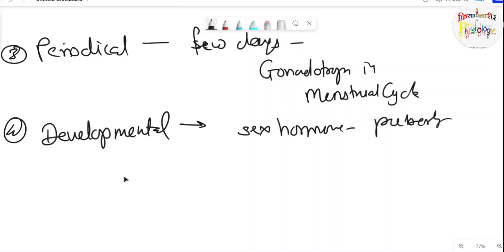And one more example is seasonal. It is actually the secretion of hormones according to the season, but it is well differentiated in animals and birds.